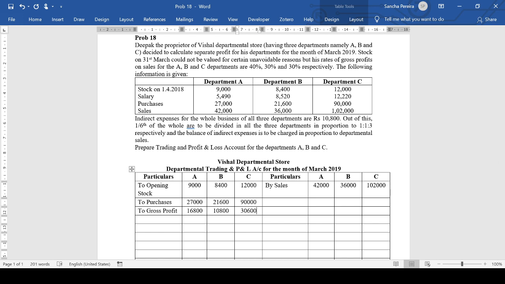And now we will find out our closing stock. Basically, the closing stock will be the balancing figure. So if you check the totals here, the total comes to 52,800, 40,800, and 1,32,600.